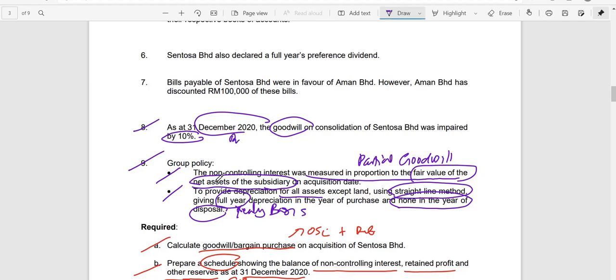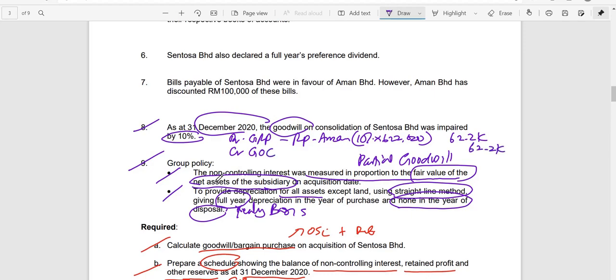That means you are going to debit this to the group retained profit, which is the retained profit of Aman. How much? 10% from 622, and that will give you 62,200, and that would be credited to the goodwill on consolidation, 62.2.